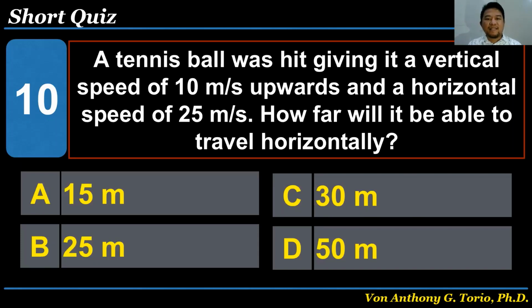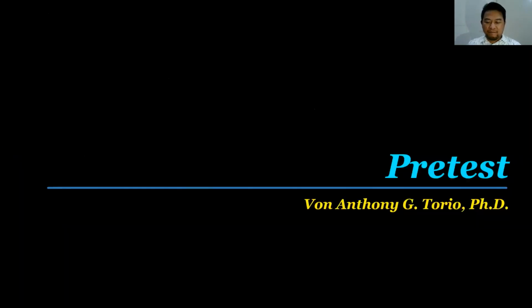That's the last item. So at the end of the pre-test, you should be able to complete answering all items. But in the event that you failed to answer the items or a particular item, you can pause and you can repeat that particular item or go back to that particular item.